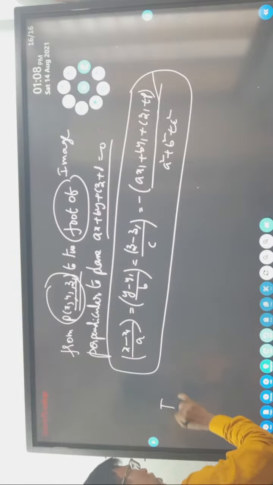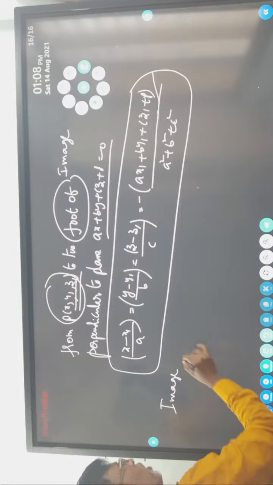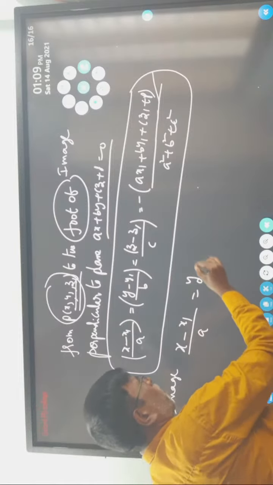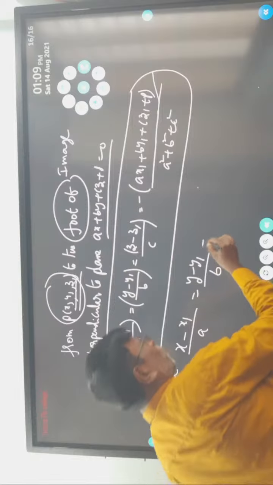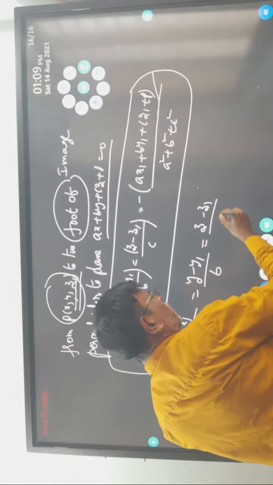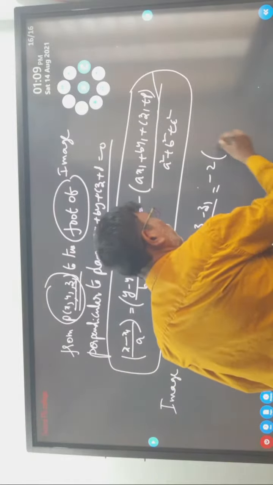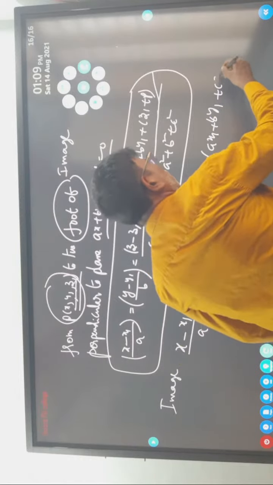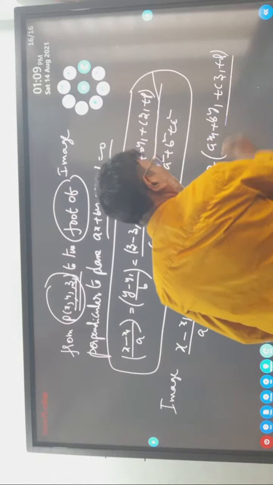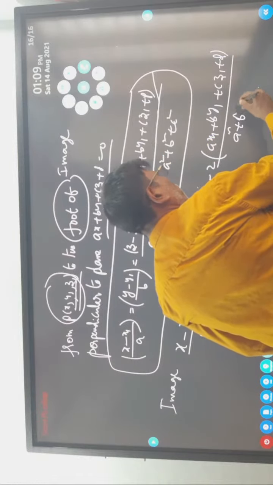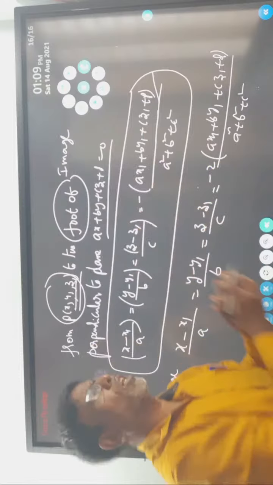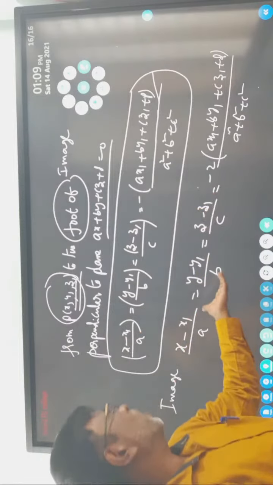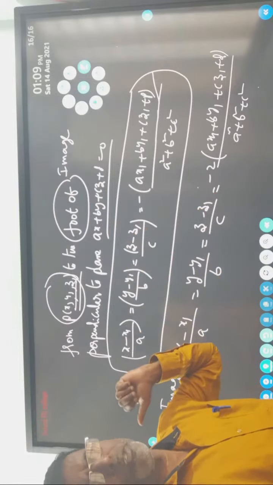Image means we take this formula and convert it: (x - x1)/a = (y - y1)/b = (z - z1)/c = -2(ax1 + by1 + cz1 + d)/(a² + b² + c²). The same straight line concept we are using, with minus 2 here instead of minus 1. This is the image concept and this is the foot of perpendicular concept.